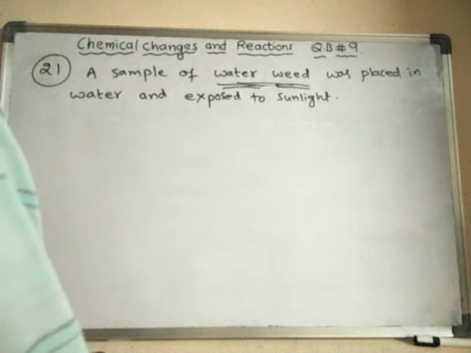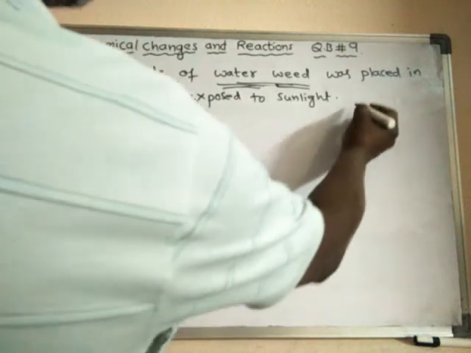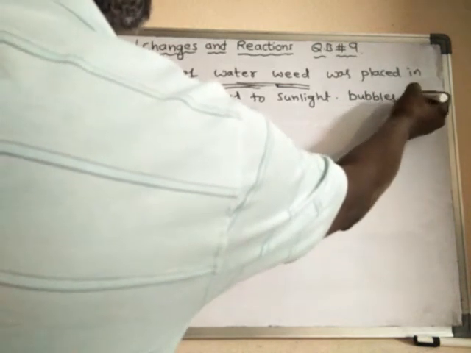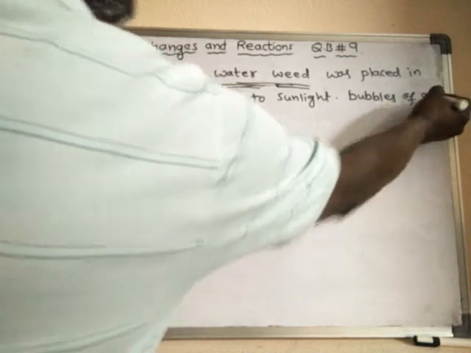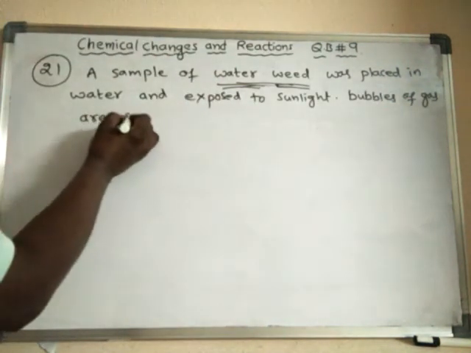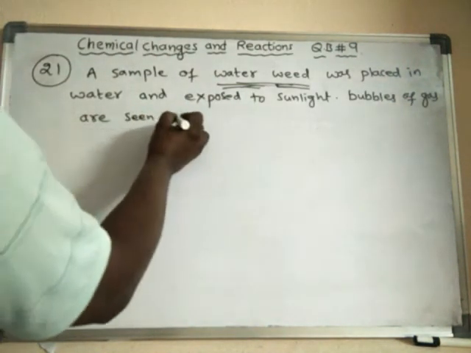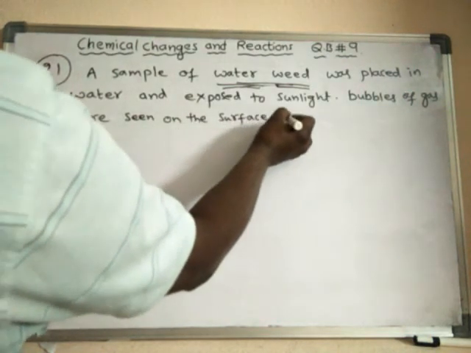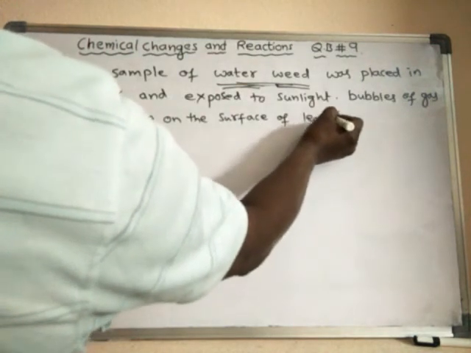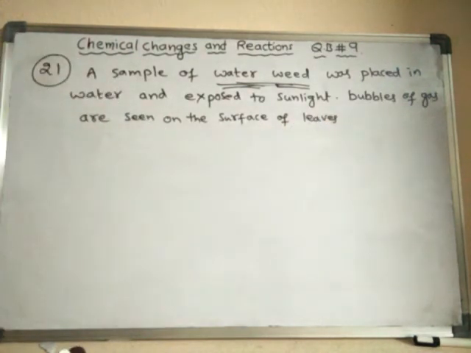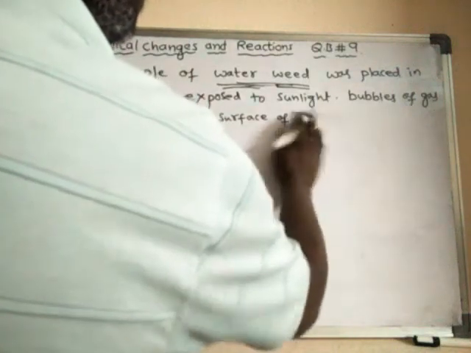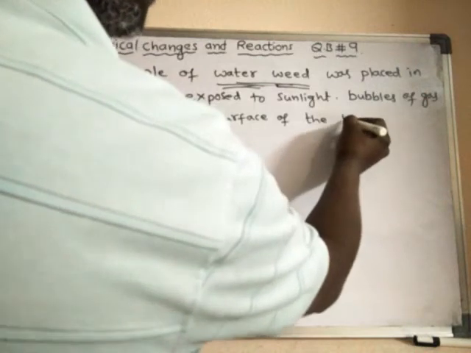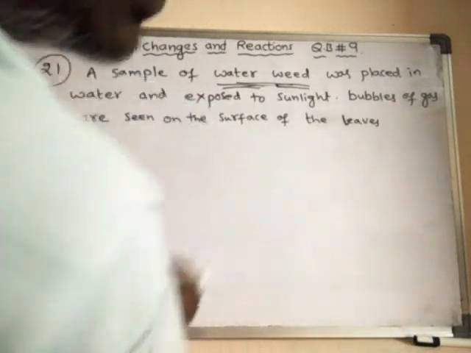Bubbles of gas are seen on the surface of the leaves. So this is the thing which is observed.